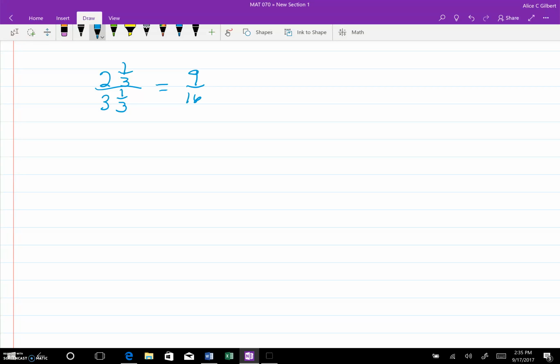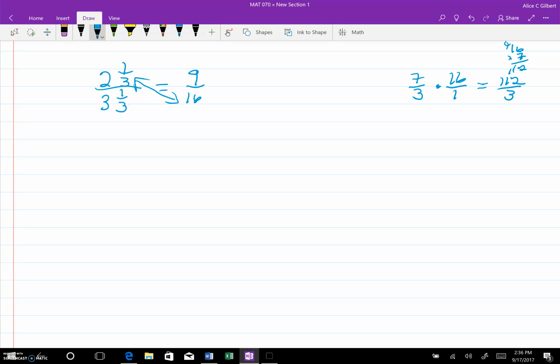Well, I'm going to multiply this out, this times this, so 2 1/3, that's 2 times 3 is 6 and 1 is 7/3 times 16. Okay, well, nothing I can cross cancel, so I get, what's 16 times 7? 112.